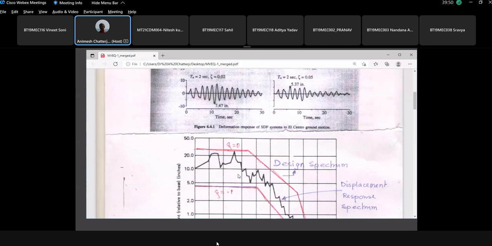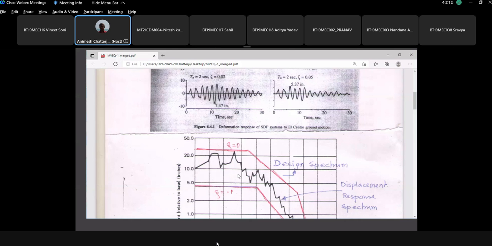So these are the two reasons why in an earthquake, all the buildings do not get damaged.